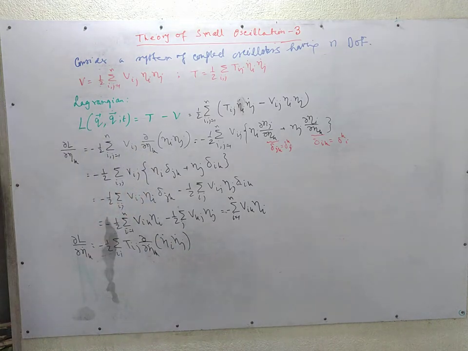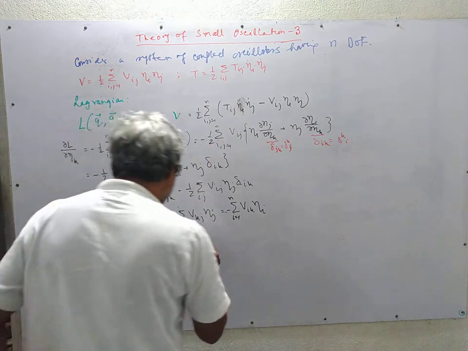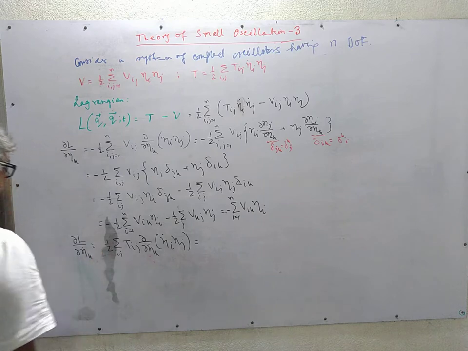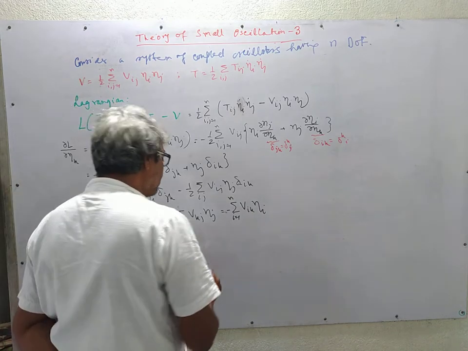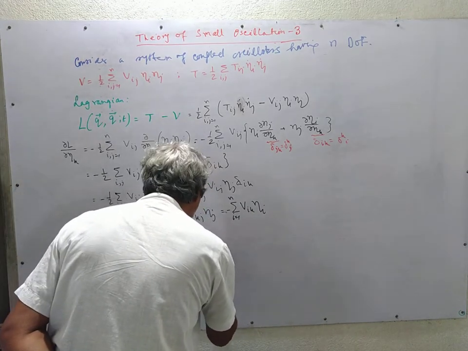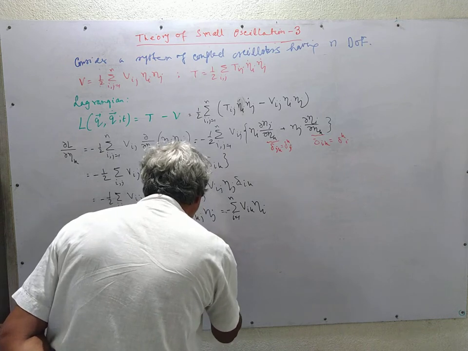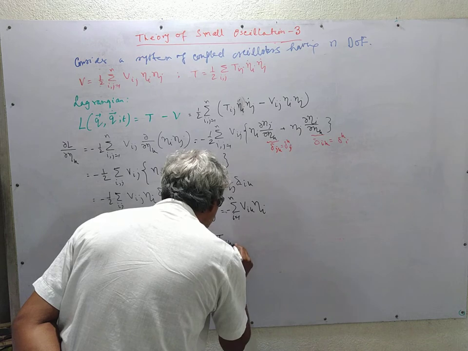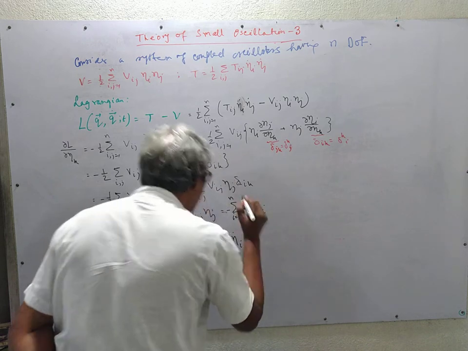In the general Lagrangian formalism, the q1 dot and q2 dot are also independent of each other. So following this perception, it comes out to be, there is no half, so it comes out to be summation over i equal to 1 to n, T_ik eta i dot.